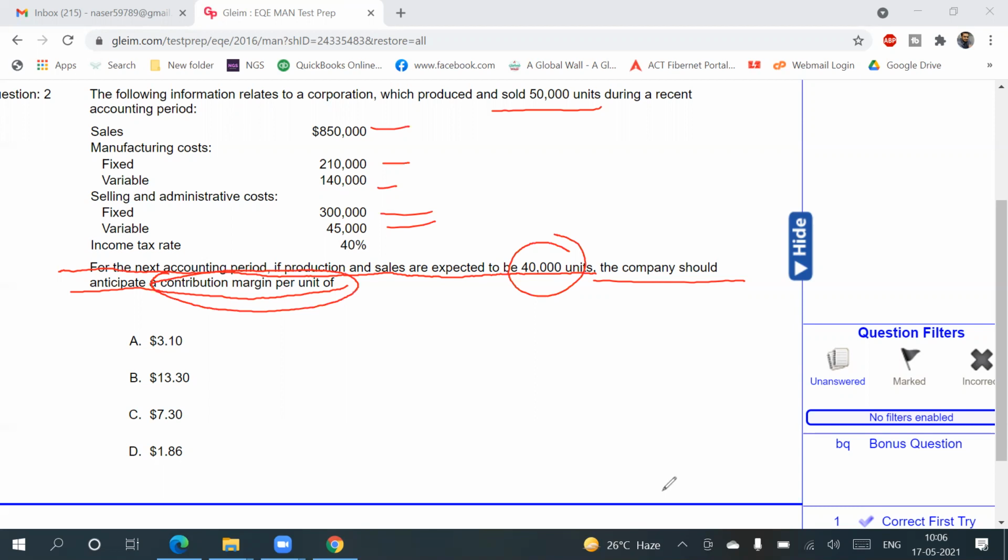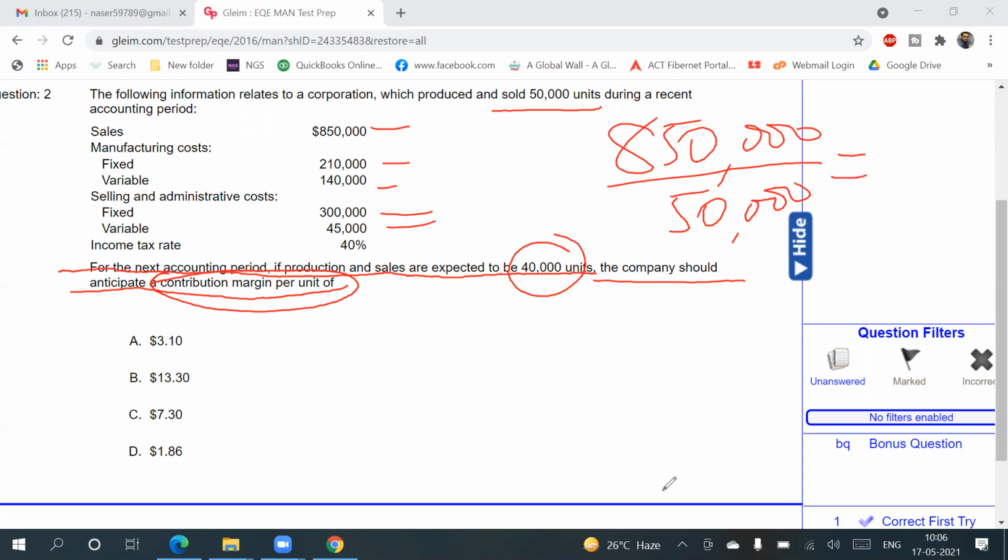To find out contribution margin per unit, first let's see what the sales per unit is. I hope you have a calculator. Sales per unit is 8,50,000 divided by 50,000. I can do it here on the calculator. It is 17. Now I need to subtract the variable cost, which is 1,40,000 and 45,000.